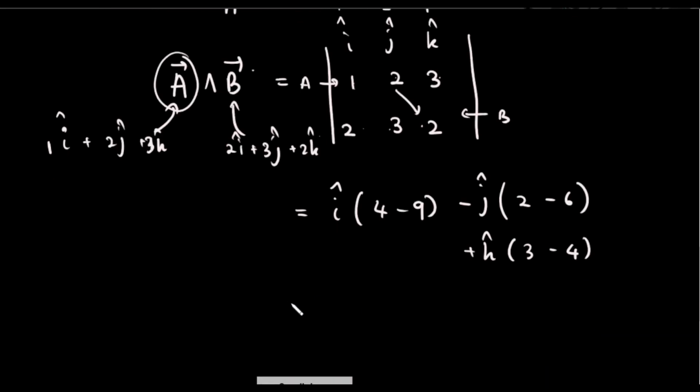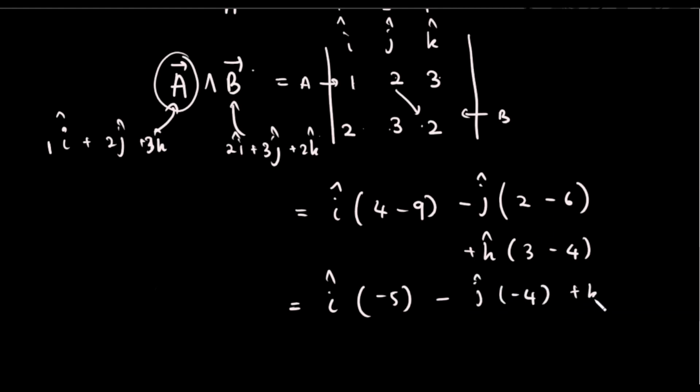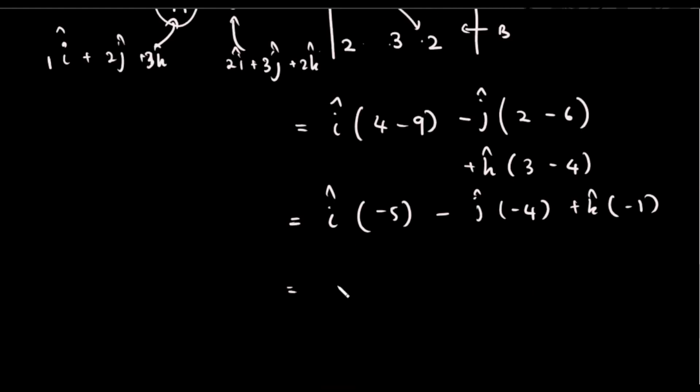So you have i hat times minus 5, minus j hat times minus 4, and plus k hat times minus 1. That gives minus 5i hat plus 4j hat minus k hat.